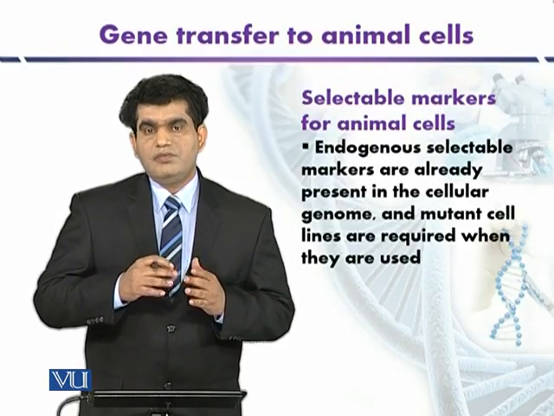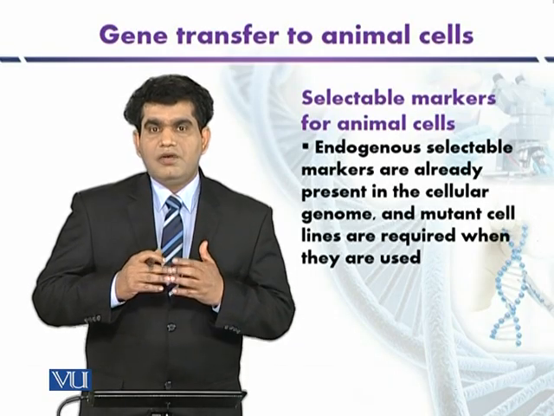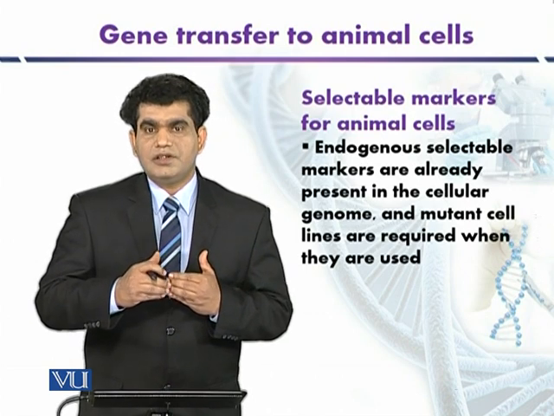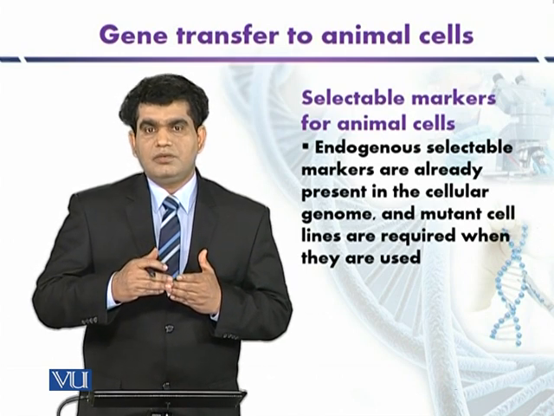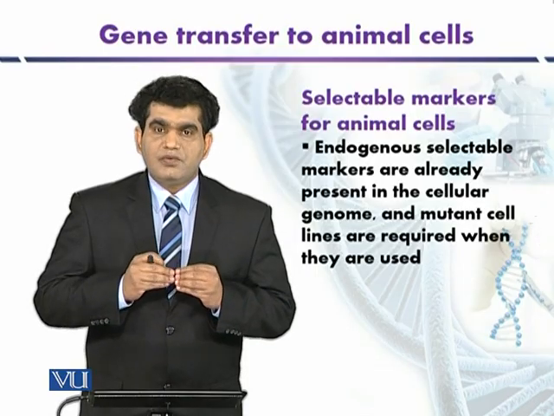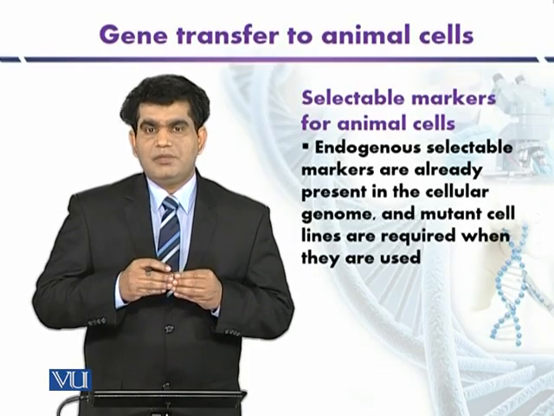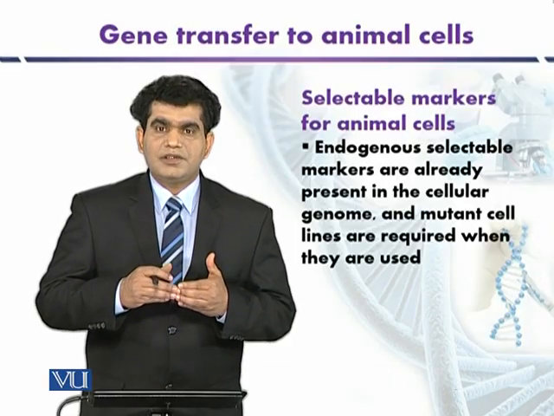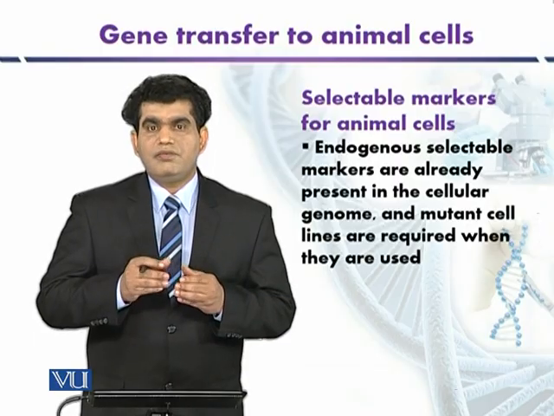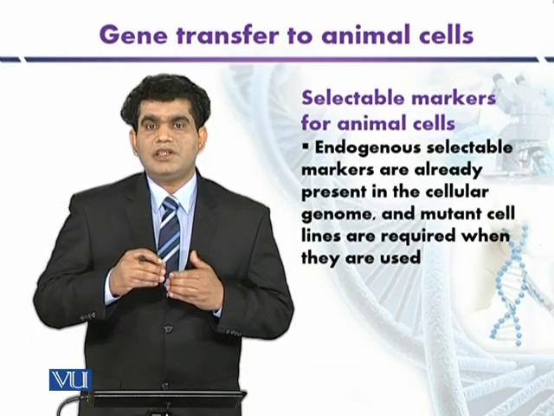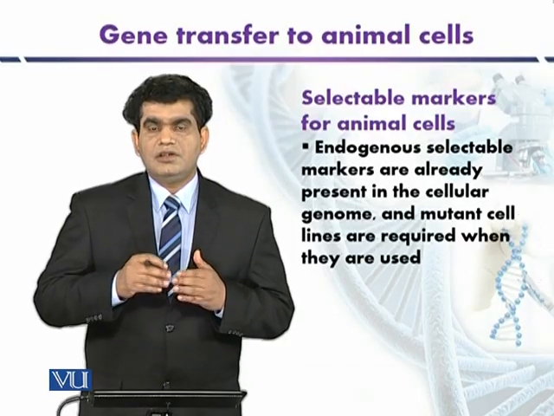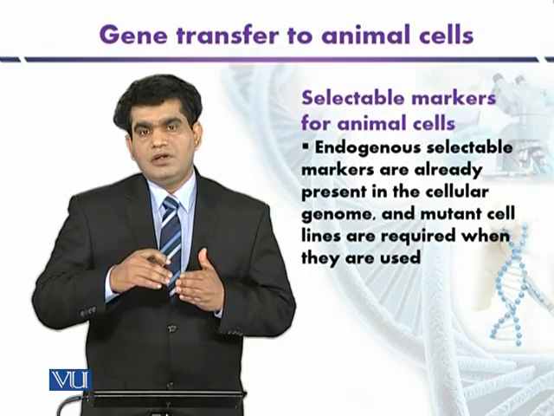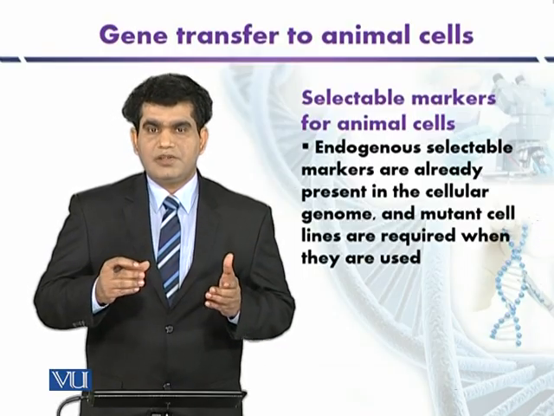And if we transfer our gene of interest along with the gene that encodes thymidine kinase or TK enzyme, then the transformants will also have the ability to produce this TK enzyme due to the presence of this gene. So the wild type phenotype will be restored, and such transformants will indicate that the foreign gene is also present along with the gene that encodes the TK enzyme. So this is one of the examples.